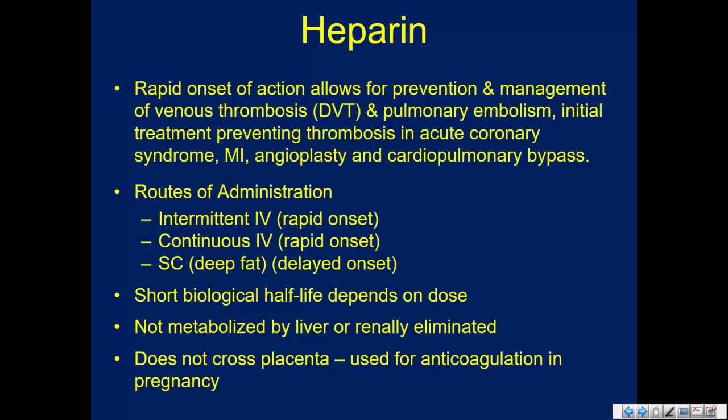It's primarily administered intravenously or continuously through IV. Its rapid onset of action is important for its therapeutic use because you can give it to prevent and manage DVTs if it presents in the emergency department, pulmonary embolism, initial treatment preventing thrombosis in acute coronary syndrome, and during interventional procedures like angioplasty and bypass.